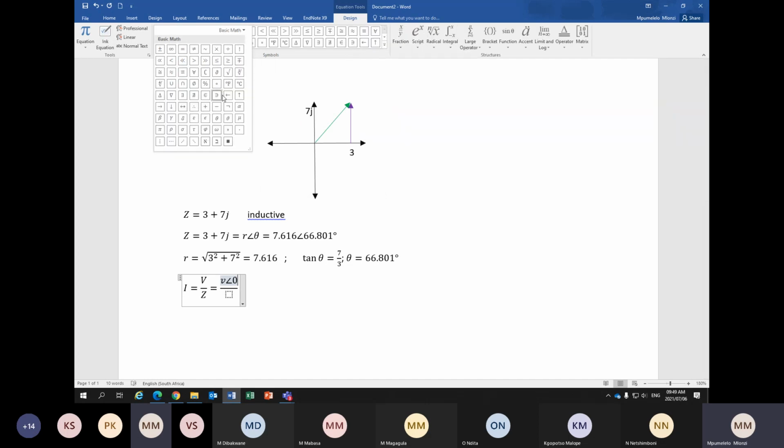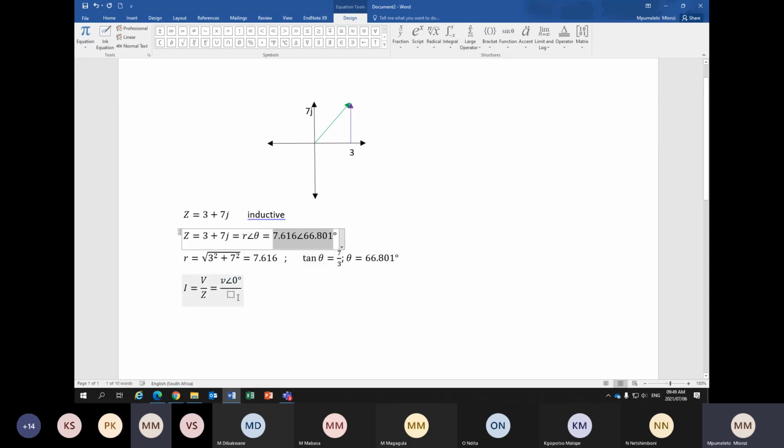But that of the impedance is 7.616 at 66.801 degrees.